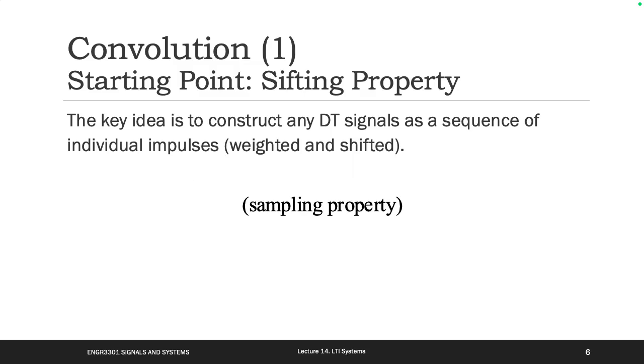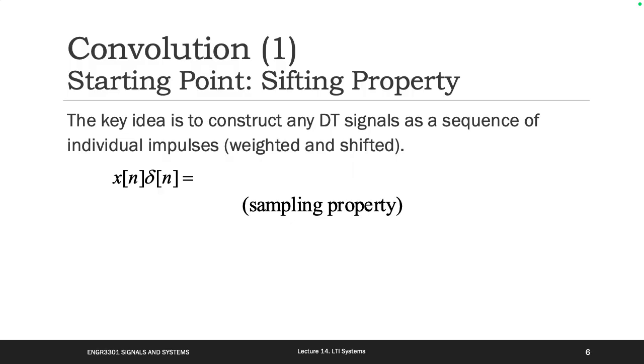Let's talk about it. Do you remember the sampling property? Actually, we learned this. If x[n] is multiplied by delta[n], what is the result? We talked about this before. This one is delta[n], right?